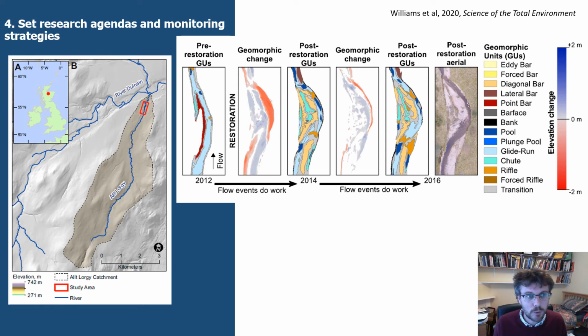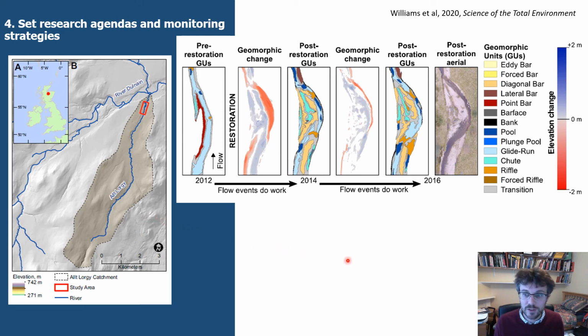Sediment budgets might also be used to set research agendas and monitoring strategies. This diagram is from some river restoration scheme monitoring work that I've conducted in Scotland on the Outlaughy catchment, a catchment where a formerly straightened river was restored to let the river do the work, so embankments were removed and the river was allowed to re-meander and find its course across its valley bottom naturally.